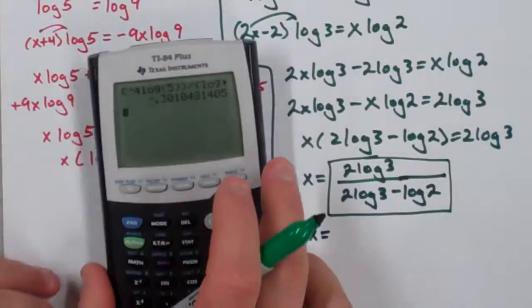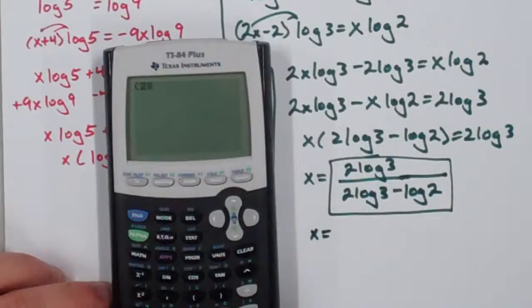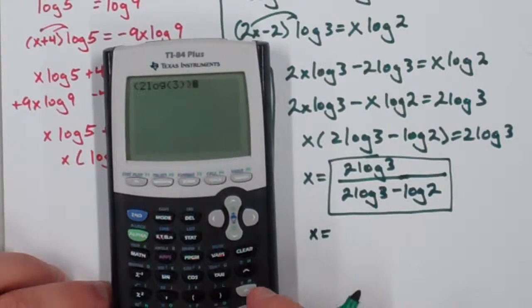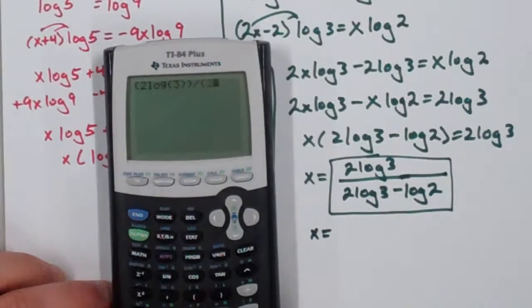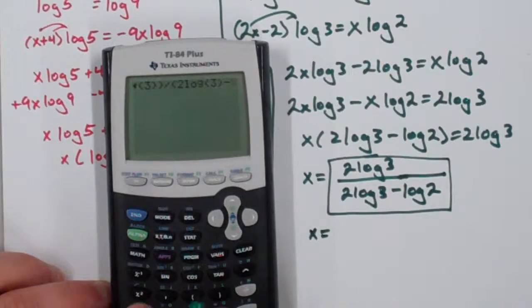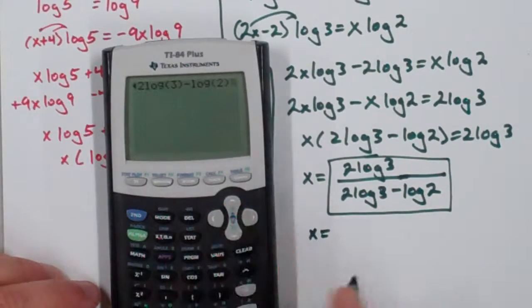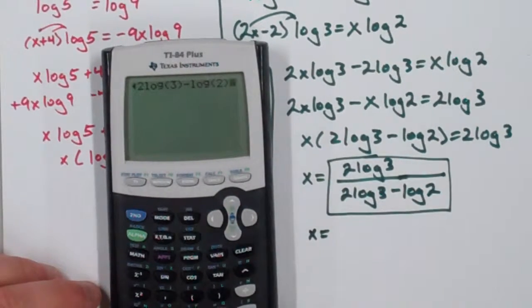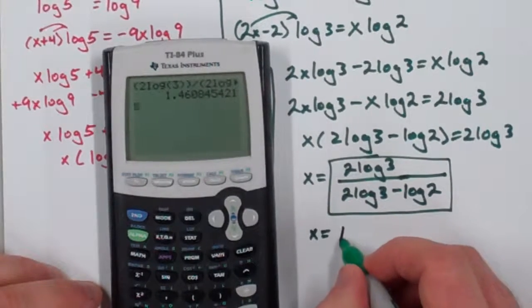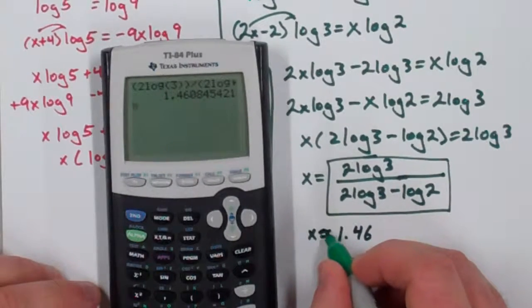To figure out our approximate answer, we can go ahead and just do 2 log 3 divided by 2 log 3 minus log 2. Make sure that you have parentheses around this entire denominator. And if you do, you should get about 1.46. That's an approximate value.